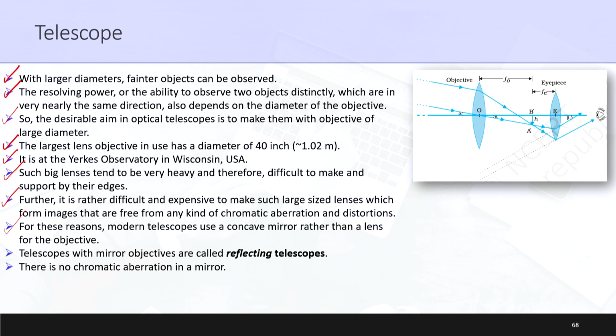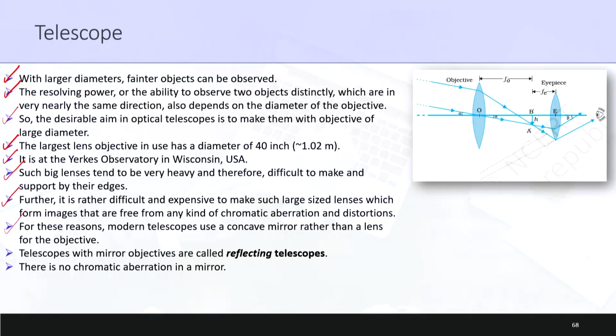So, the recent telescopes do not use a convex lens, they use a concave mirror. The detailed application is not required for the 12th class syllabus. For now, you just need to understand the major aberrations part. Just to cut short the aberrations and make the resolving power much higher, nowadays concave mirrors are being used.